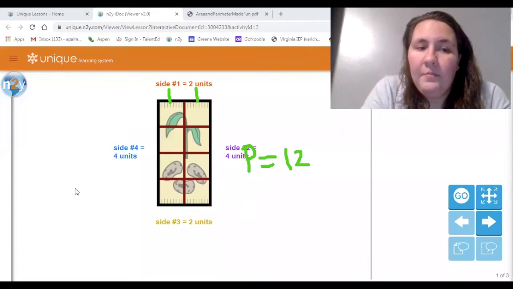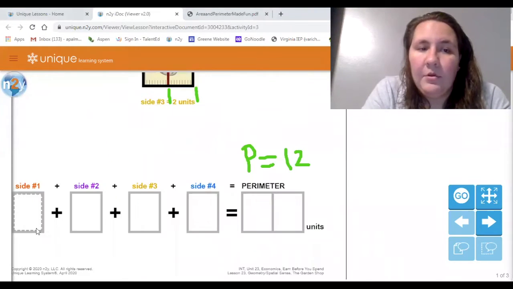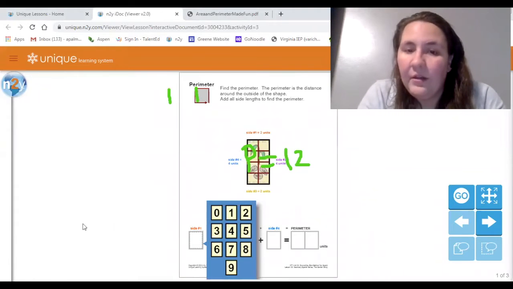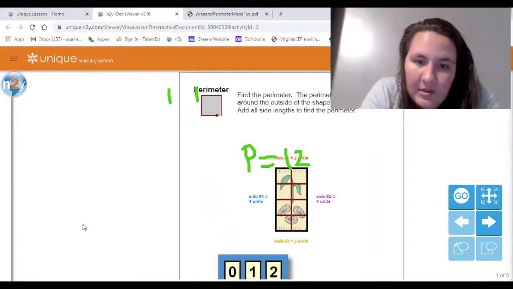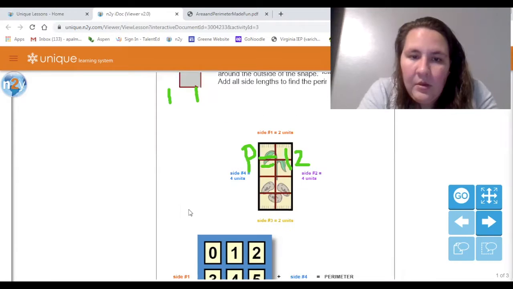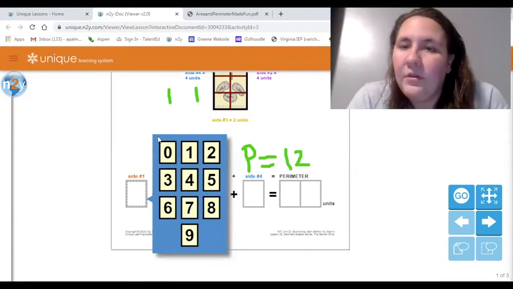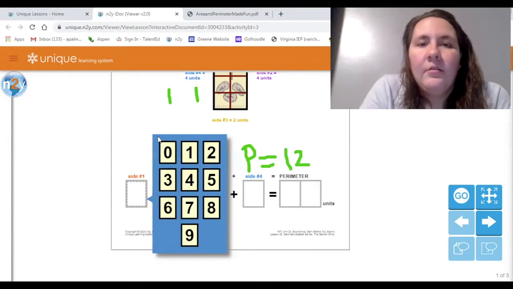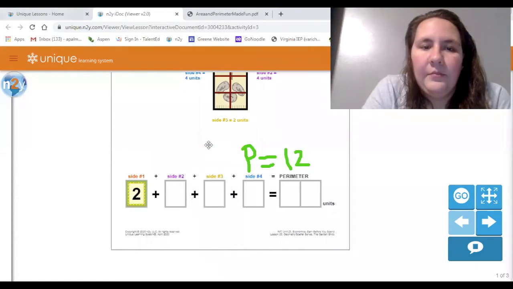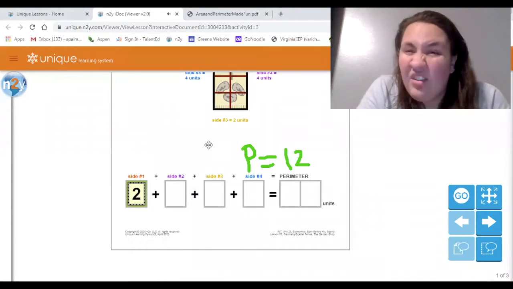So we're going to type in a number 2. Can you, with your finger, let me see if I can make it bigger so you can see a little bit better. Can you find the number 2 with your finger? Number 2. Great job, guys. Okay. 2. So I'm going to start with a 2.